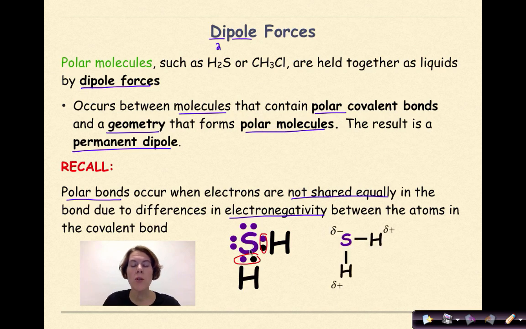In the structural formula, the hydrogens are less electronegative than the sulfur, so they get the partially positive charge, and the sulfur gets the partially negative charge. Hydrogen sulfide has a permanent dipole, where one end is always negative and one end is always slightly positive.